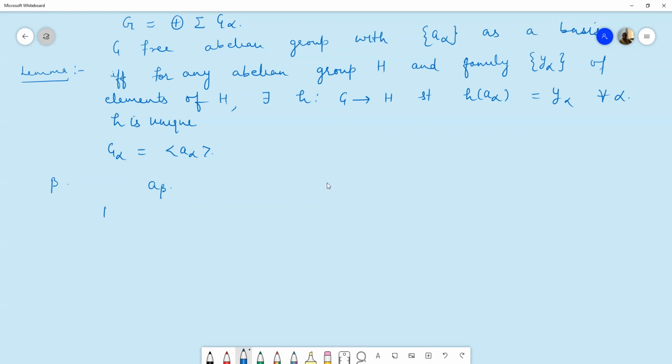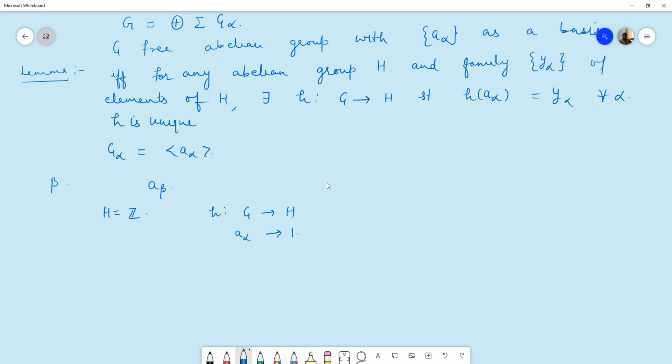And if we take H to be the additive integers group Z, then there is no homomorphism from G to H that maps A alpha to 1. Because A beta has finite order and 1 does not have finite order.